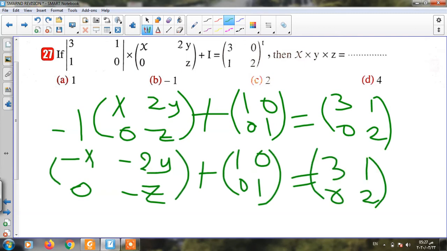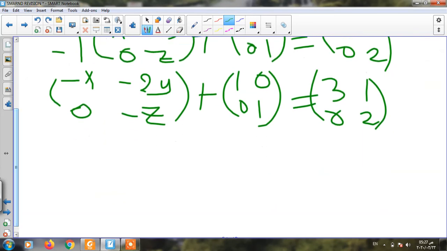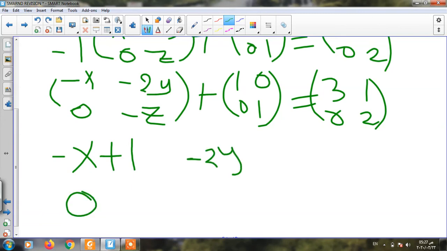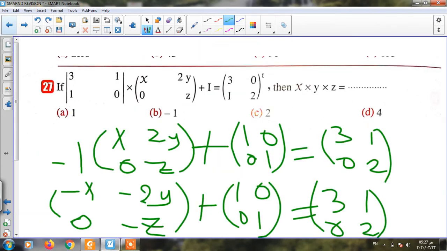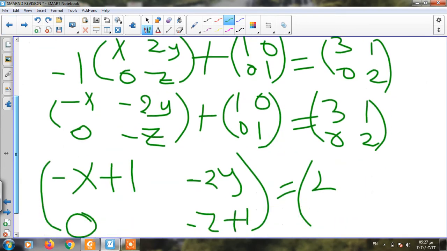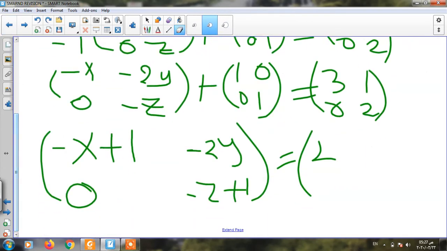It's going to be negative x plus 1, and here negative 2y, and here 0, and here negative z plus 1. All of these we equate with 3, 1, 0, and 2.